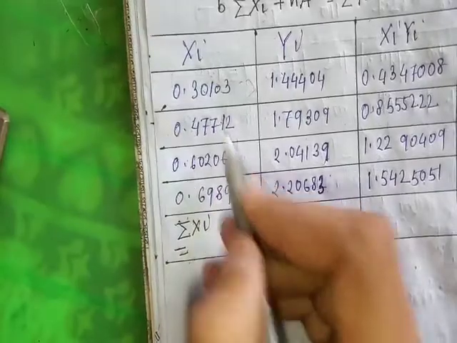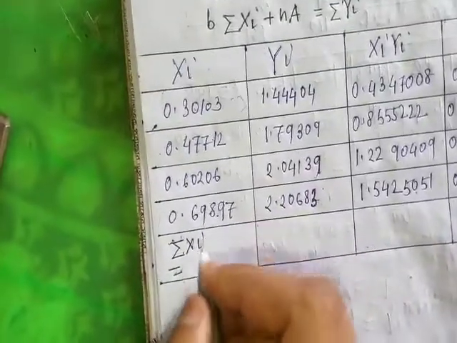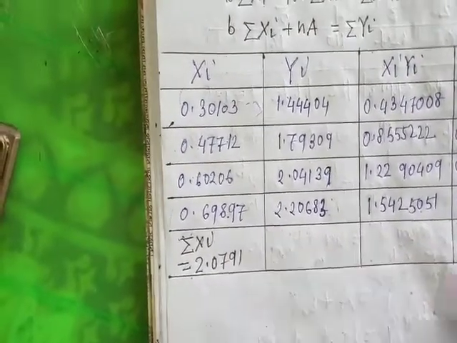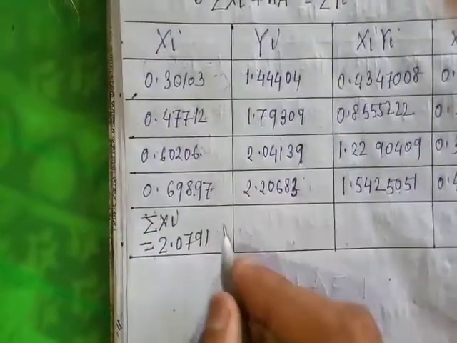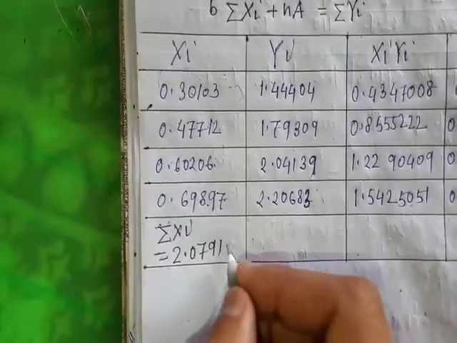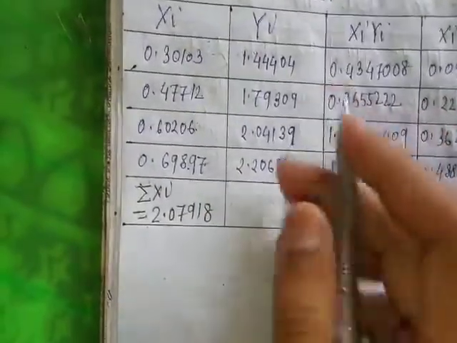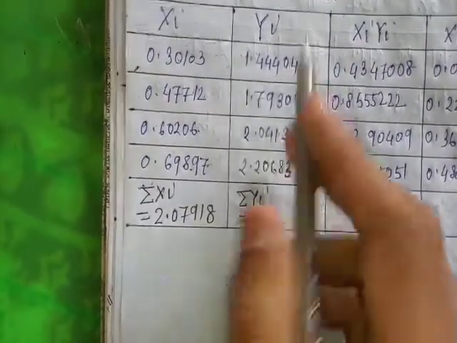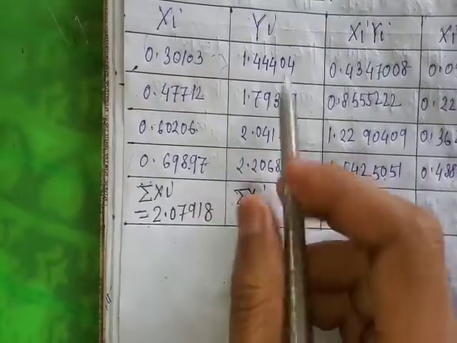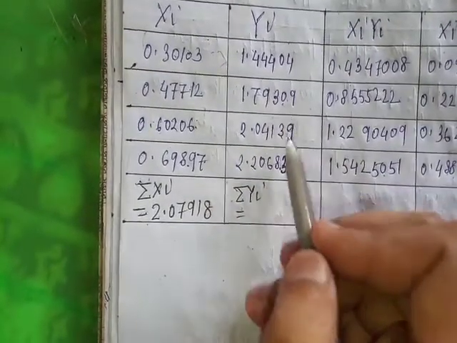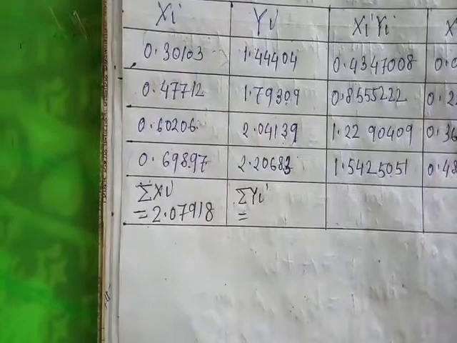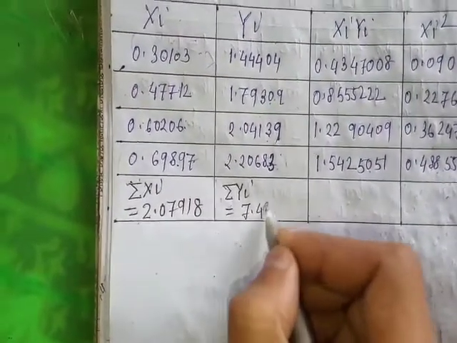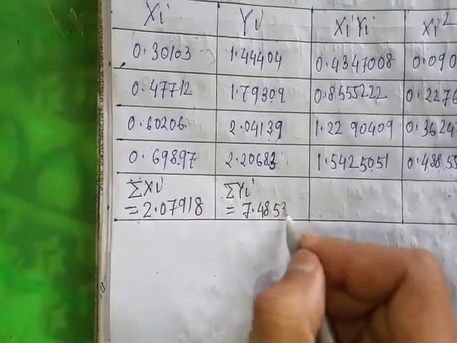Then summation xi: this plus this equal to 2.07918. So summation y equal to y1 plus y2 plus y3 plus y4. We get 7.48535.